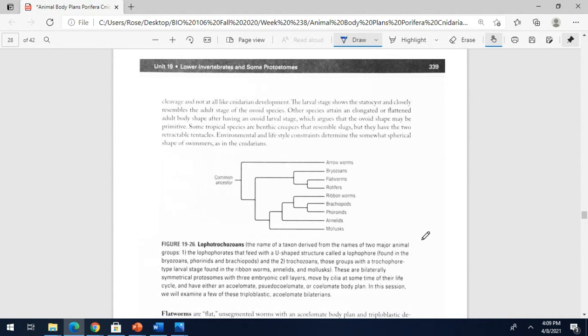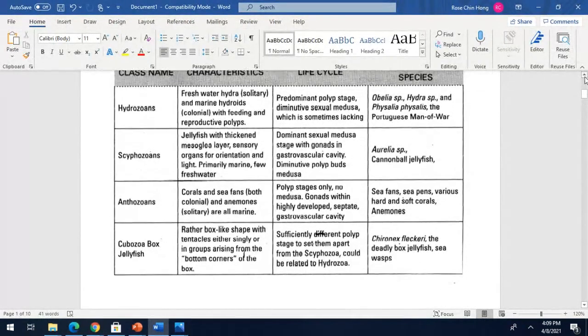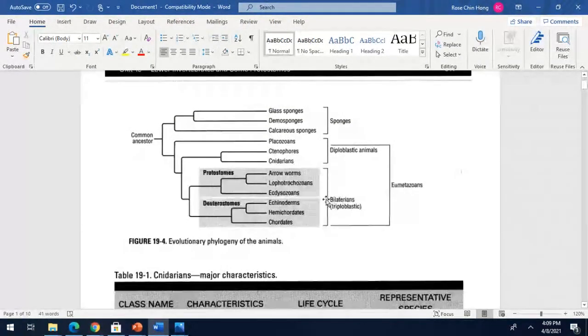So today we will cover this part of the triploblastic animals. Here we'll do this part here. We just did the diploblastic, so we did that. We'll talk about flatworms, which is part of the Lophotrochozoans.